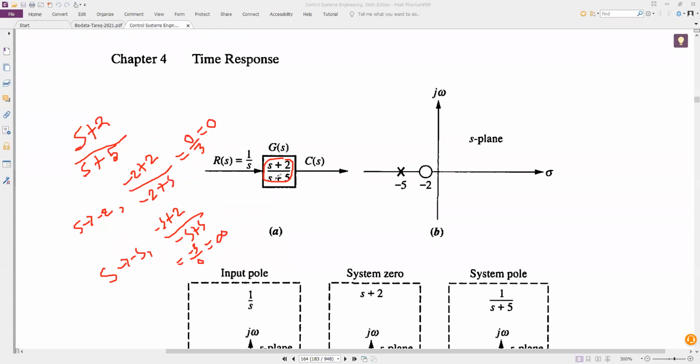So if you put the value minus 5, then it would be infinity. So that is the pole. The pole is minus 5, and minus 2 is the zero.